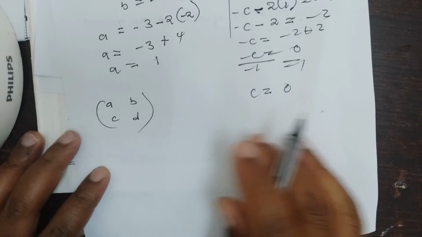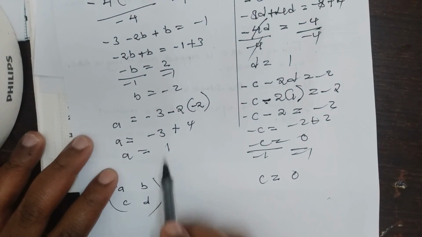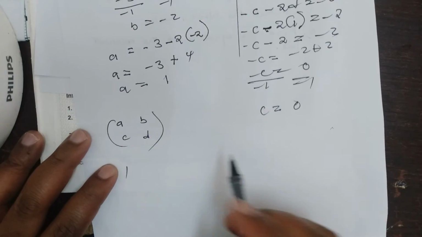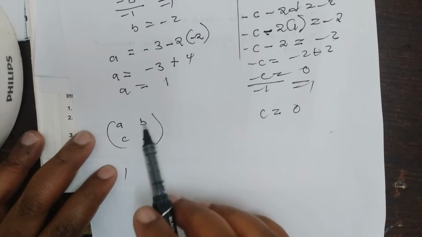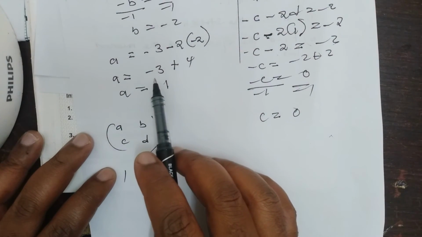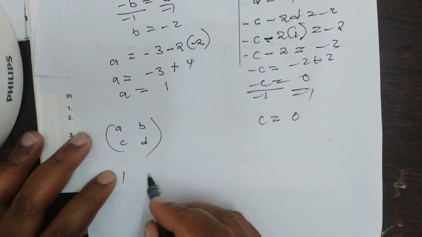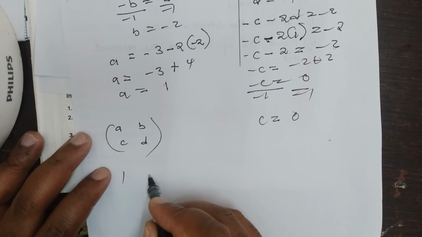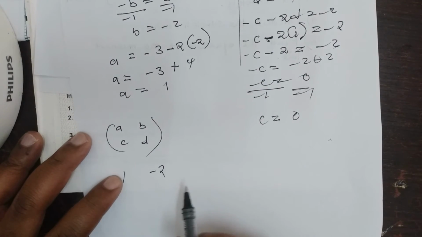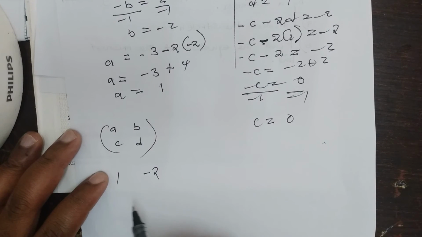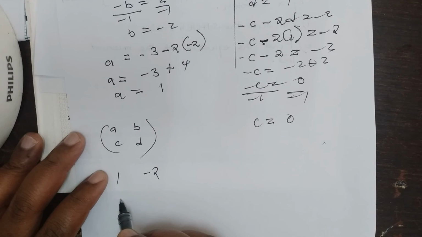So our matrix is supposed to be A, B, C, and D. What is our A? A is 1. And what is our B? Our B is negative 2. What is our C? Our C is 0.